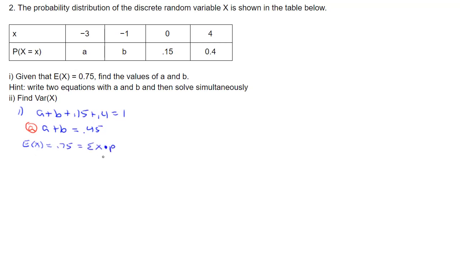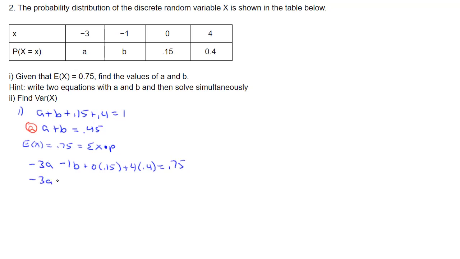Well, that's the sum of all the x's times their p's. In that case, I'm going to have negative 3 times a, negative 1 times b, plus 0 times 0.15. I'd probably leave that out. And then 4 times 0.4. And that's going to equal 0.75.